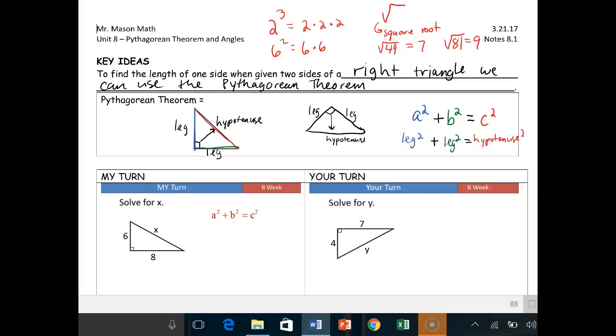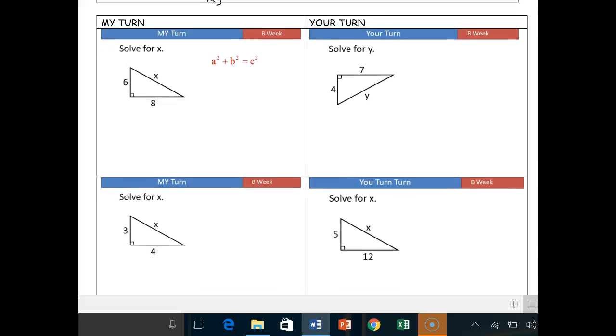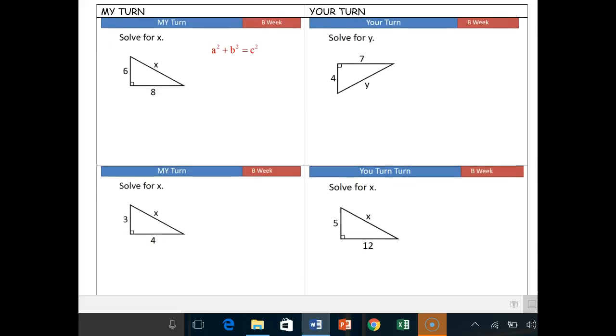All right, so let's do a couple of problems. I'll be asking you through Edpuzzle to do some of the your turn problems. So we're going to label this 1, this 2, 3, 4. So here we go. Again, the side opposite the right angle is always c.